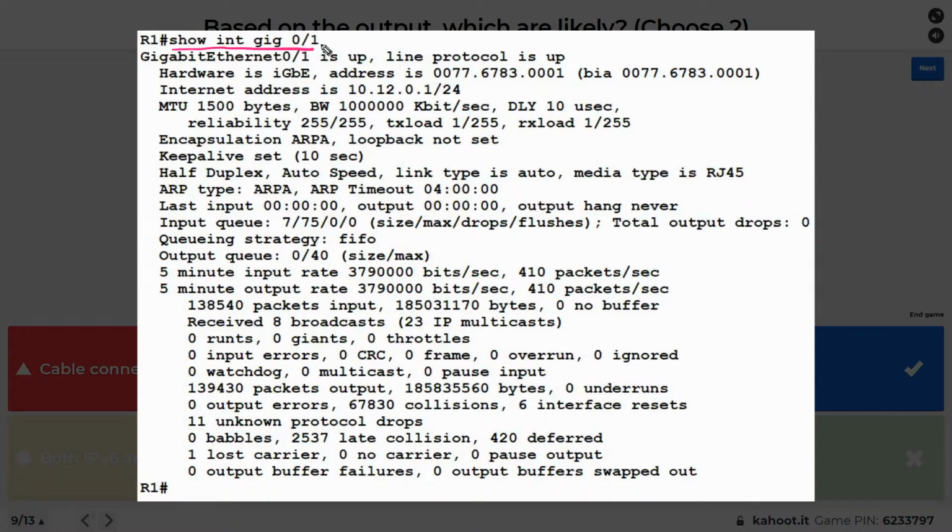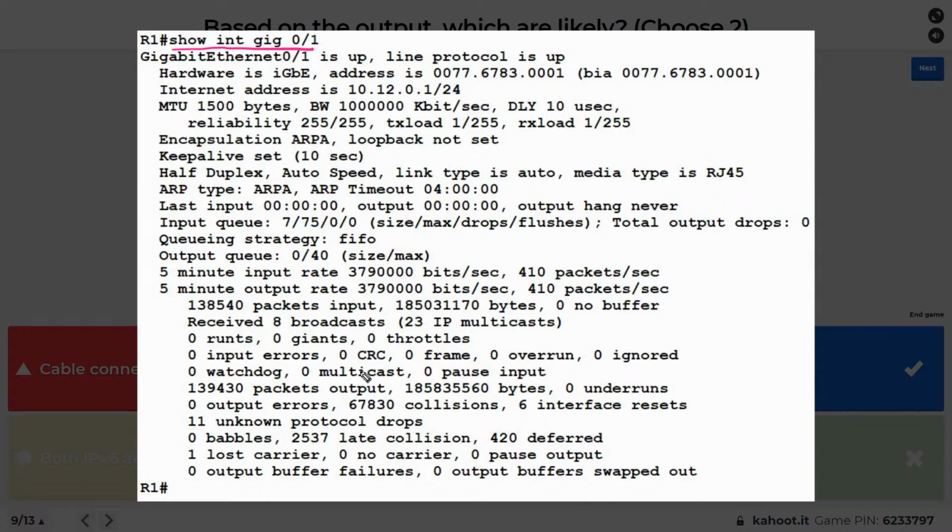I remember when I started learning the Cisco CLI, the command line interface, I remember just thinking there's just millions of possible commands. I'll never learn them all. And it's true. I never learned them all. And I've been doing it for a while. But there are several commands that we can do. And one of them is show interface. And if you press enter, it's going to show you the details for all the interfaces. But if you do show interface and then just one interface, it'll filter just for that output.